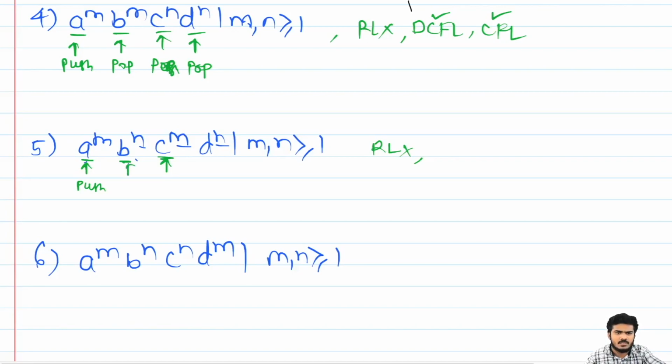So we cannot compare these b's with c's, because at the top of the stack we have b, and when the input comes with c, we cannot make a comparison between c and b. So this will not be a DCFL, because we are not able to design a deterministic PDA. Also we can say that we cannot design an NPDA for this, so this is not a CFL language.